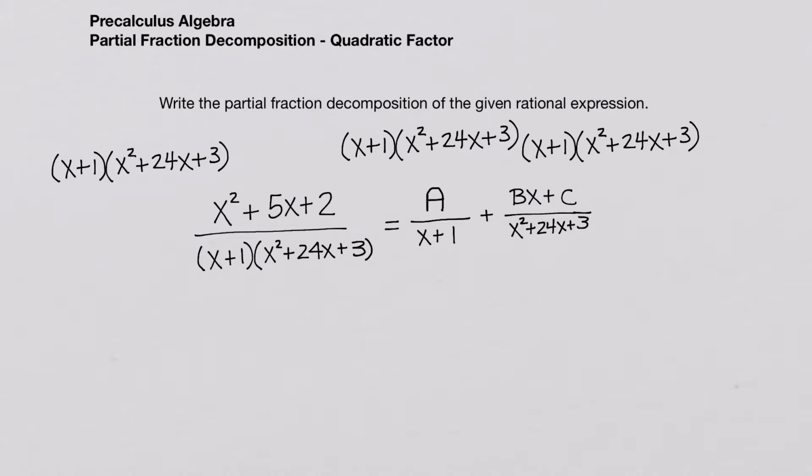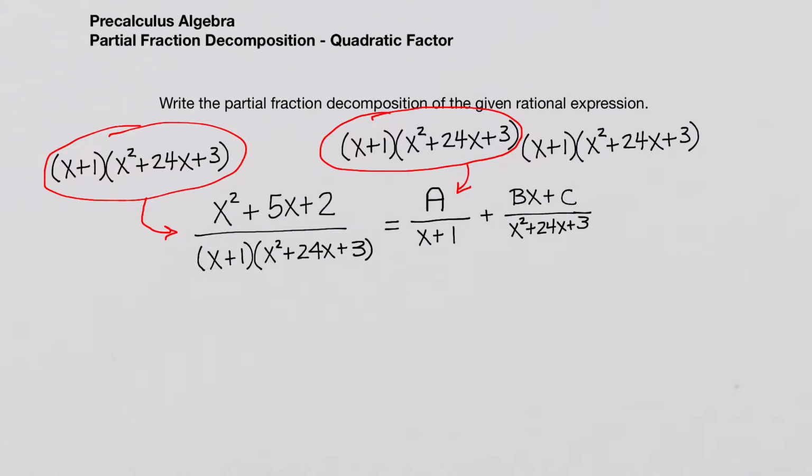So what I'll do is I will multiply this common denominator times the fraction on the left-hand side of the equation, and then I'll take that common factor and multiply it by the first fraction on the right-hand side, and then I'll take that common denominator and multiply it by the second term on the right-hand side.